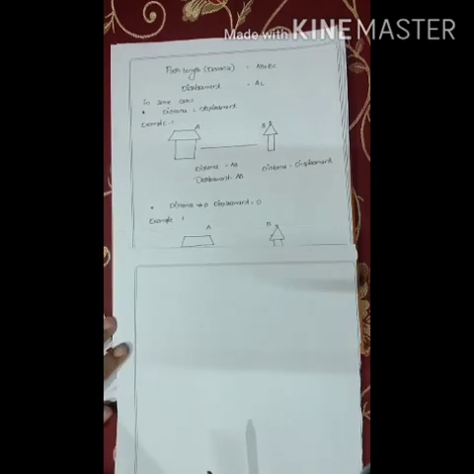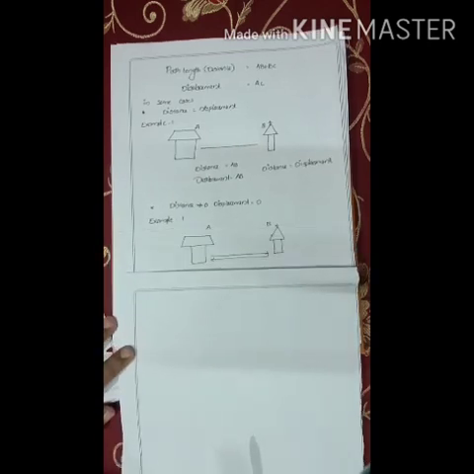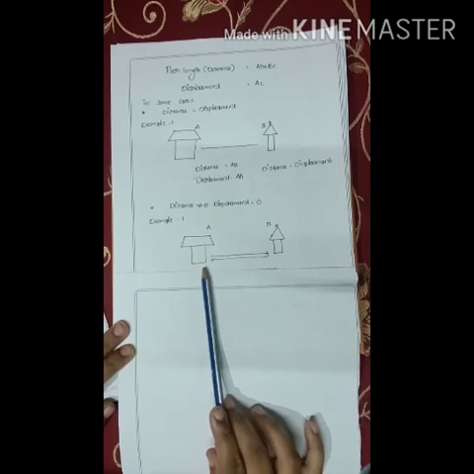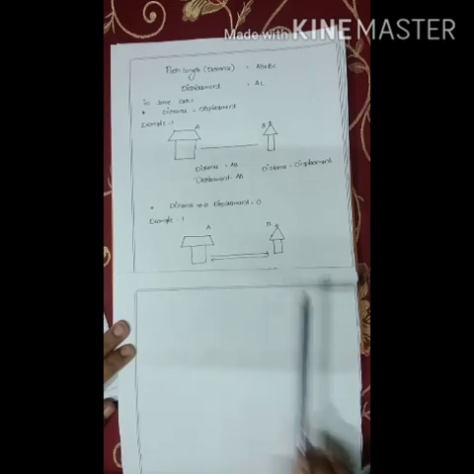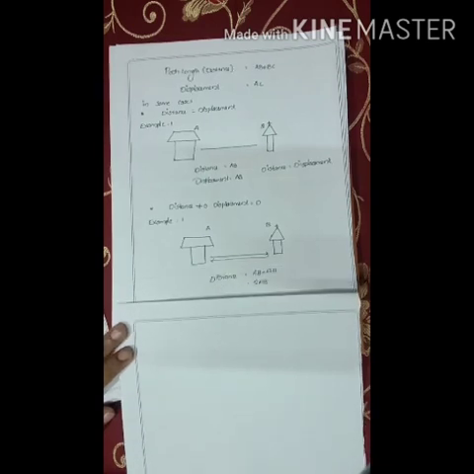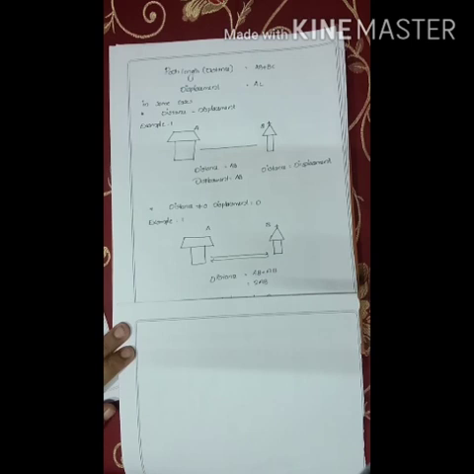Like one example, a boy goes to church and comes back home. Position of house A, then position of church B. First we calculate distance. Distance means total path length, which is the path length from house to church, then church to house. So distance equals AB plus AB, that equals 2AB.